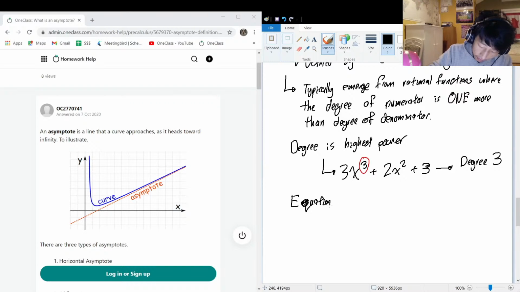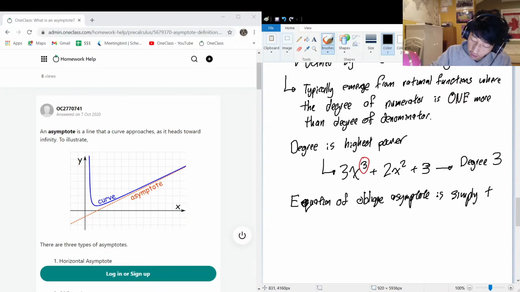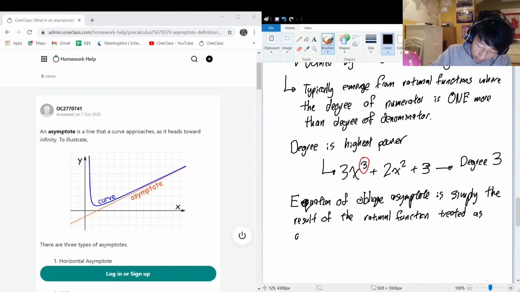Okay, so to find the equation of an oblique asymptote, the equation is simply the result of the rational function treated as a division.